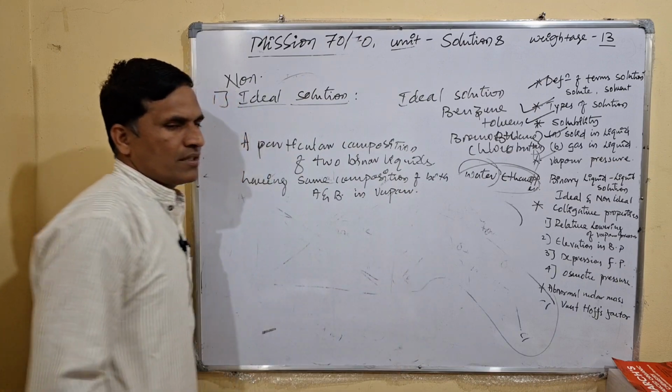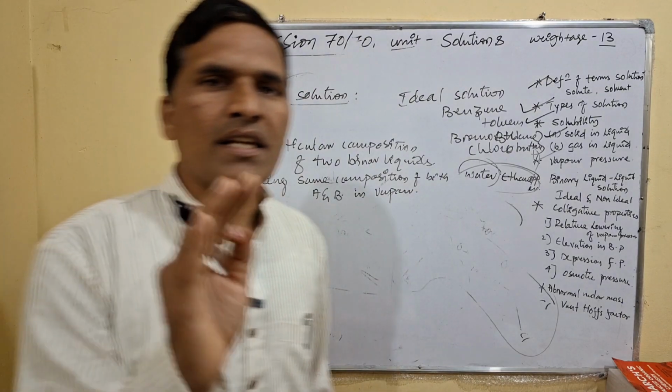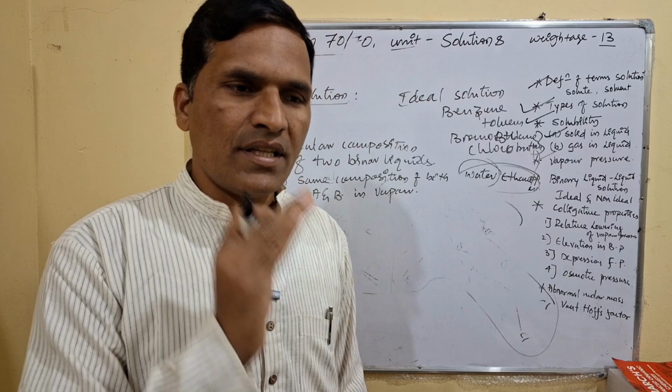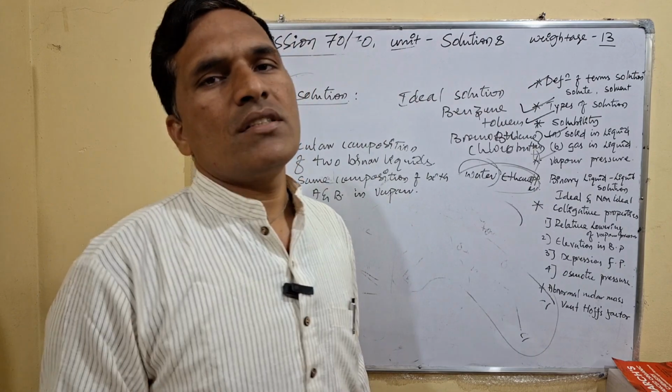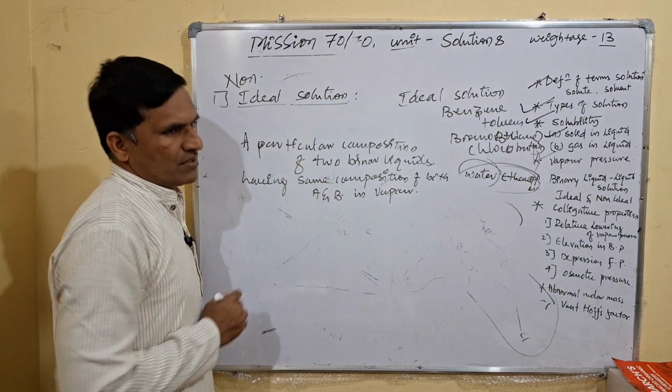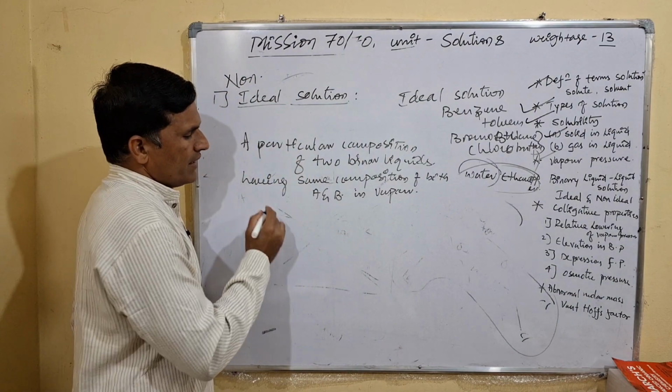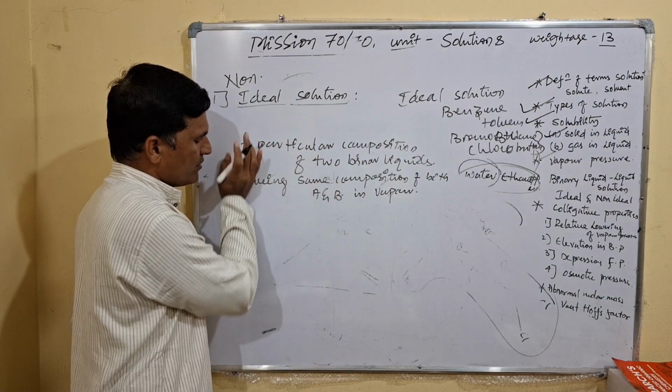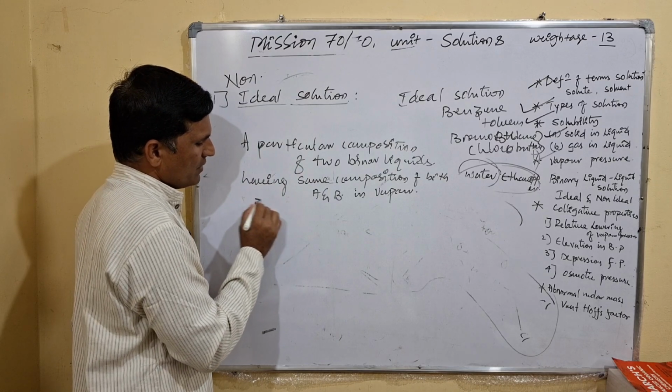So therefore they boil at a single temperature, the same temperature, and that constant boiling mixture we call it as what? Azeotropic mixture we call. Okay, and we will be having two different types of azeotropic mixtures.